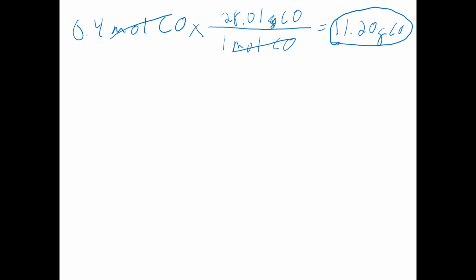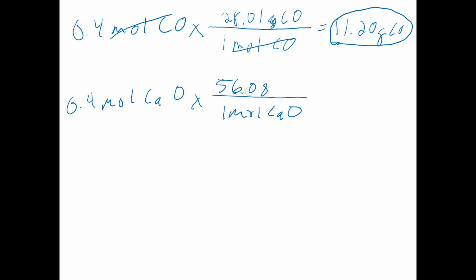Okay, let's try another one here. If we do calcium oxide, we have 0.4 moles, and the molar mass of calcium oxide was 56.08 grams of calcium oxide per mole.